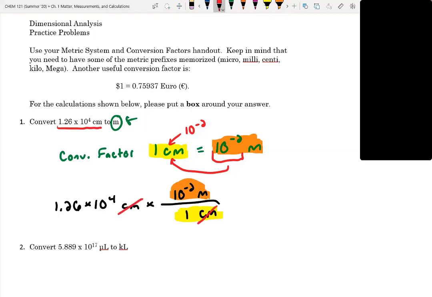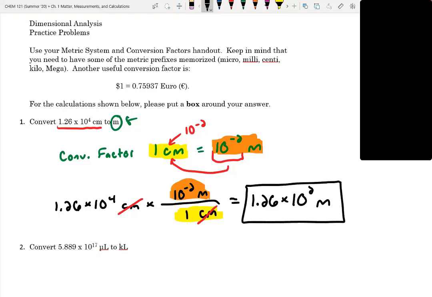That's the first thing. And then I double check that my number is paired with the correct unit. So if we go ahead and we do the math on this, you can try plugging it into your calculator, but it should give us a value of 1.26 times 10 to the 2 meters. So this would be the final answer for this.